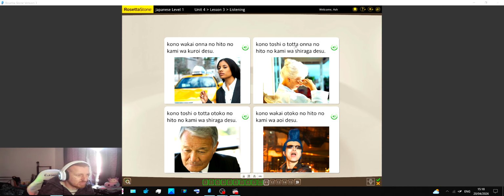And the same for the bottom one: kono toshi o totta otoko no hito no kami wa shiraga desu. This older man's hair is white. And then kono wakai otoko no hito no kami wa aoi desu. So this younger man has hair that is blue. And that's slide 11.